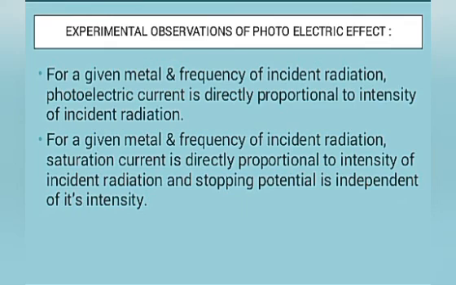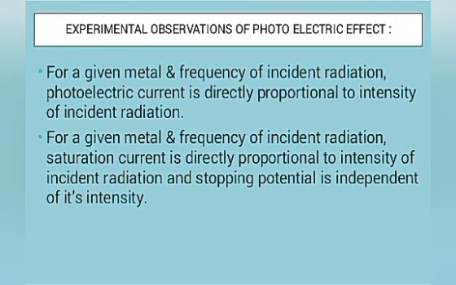Second one: for a given metal and frequency of incident radiation, saturation current is proportional to the intensity of incident radiation and stopping potential is independent of its intensity. This is case 2.